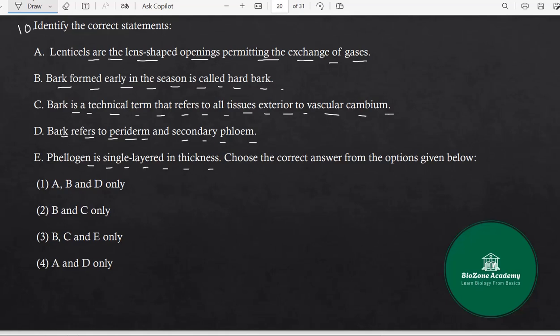Among these statements, choose the correct answer from the options given below. Option 1, A and B only. Option 2, B and C only. Option 3, B, C and E only. Option 4, A and D only. The correct option is A and D only. A, lenticels are lens-shaped openings permitting the gaseous exchange, and D, bark refers to the periderm and secondary phloem.